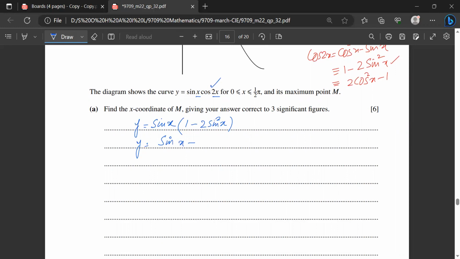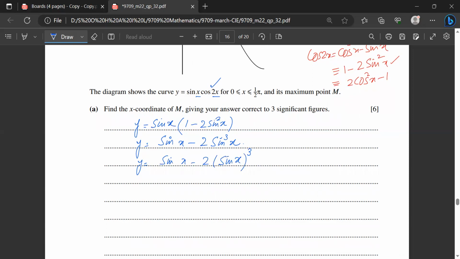Next, open the brackets: sin x minus 2 sin cubed x. So after using the double angle identity, now you can differentiate. Before differentiating, I'll write the second term with power 3, just for your understanding.